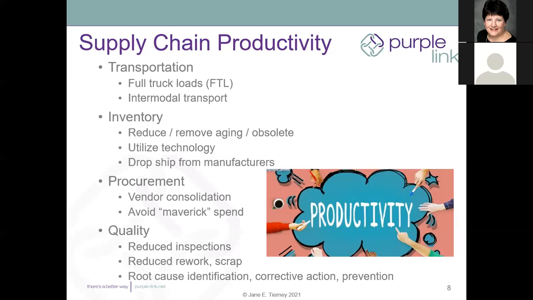But if you look at other activities you can do, like vendor consolidation, which is one of the biggest, you can get better productivity because you look at number of SKUs purchased per supplier, you look at number of products and orders placed to different suppliers.